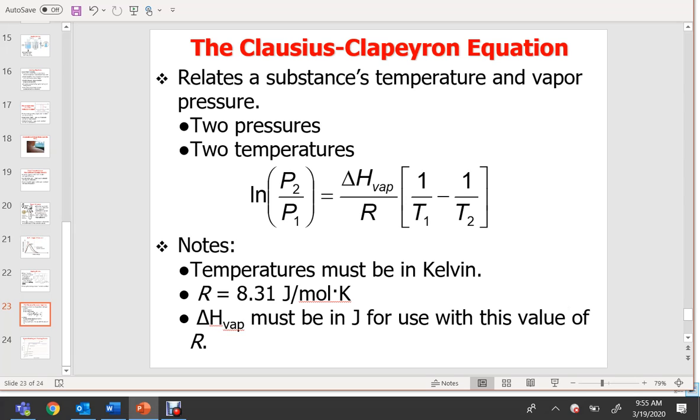When we use this equation, we need to keep R, this value, and then delta H vap is the enthalpy of vaporization, and delta H vap must be in joule for use.